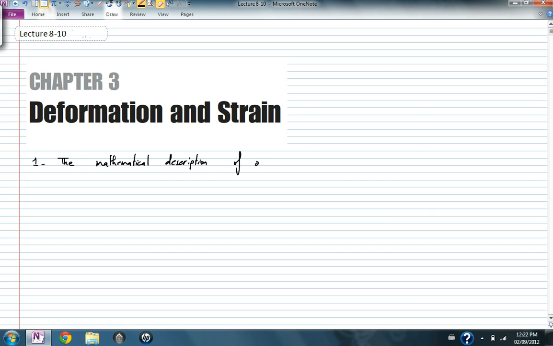And the second thing is the mathematical description of deformation of objects and, to be specific, continuum objects in space.